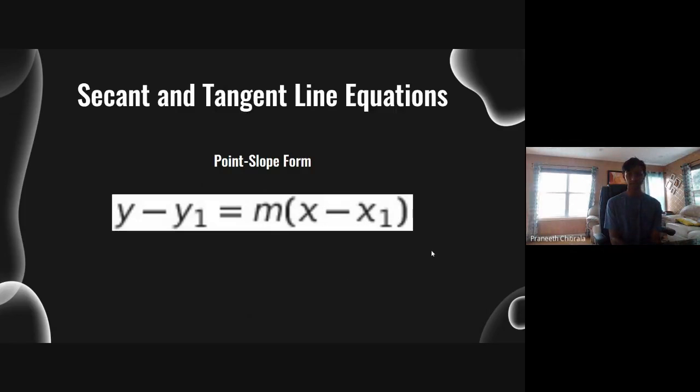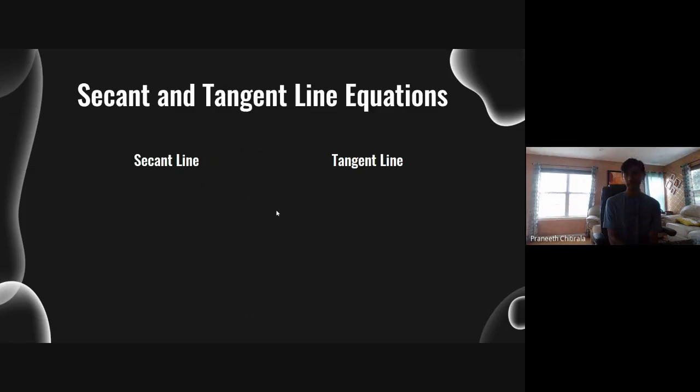If you recall, if you have a point x1, y1, and the slope m, then the point slope form gets you y minus y1 equals m times x minus x1. Using that equation, you can find the equation for the secant line and the tangent line.